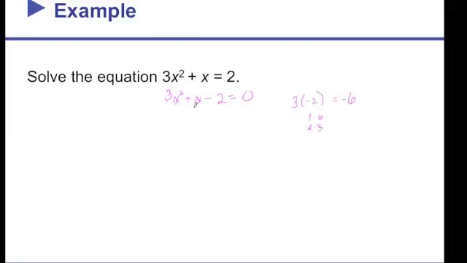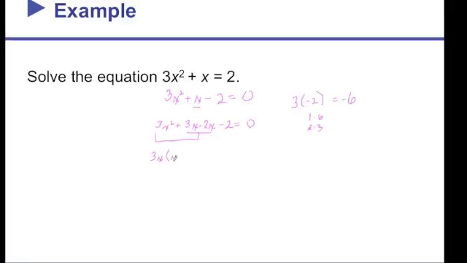So I separate the middle term x. I'll keep the 3x squared, and I separate the x into 3x minus 2x, and still minus 2 equals 0. You can see that this, in place of the x, would still have the same value. Now I can take the first two terms and factor out the greatest common factor, which would be 3x.